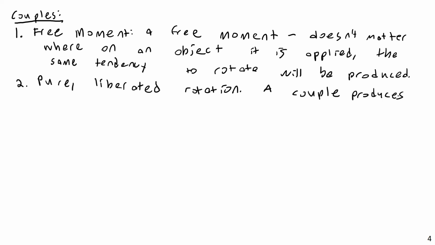Normally, when you apply force to a body, it will have a tendency to translate and rotate. But with couples, it only creates a tendency to rotate. No translation tendency is created. Only a tendency to rotate.